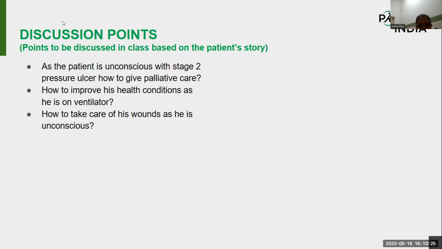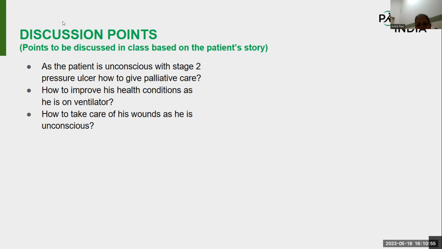These things should not occur, but they are very common. And many times when the patient is shifted to ward from ICU, they will notice the bed sore.